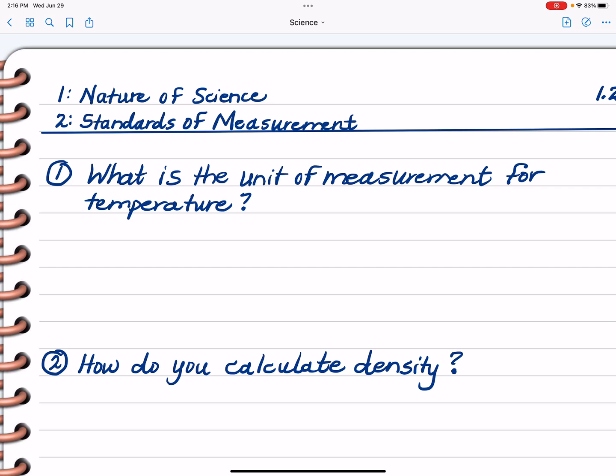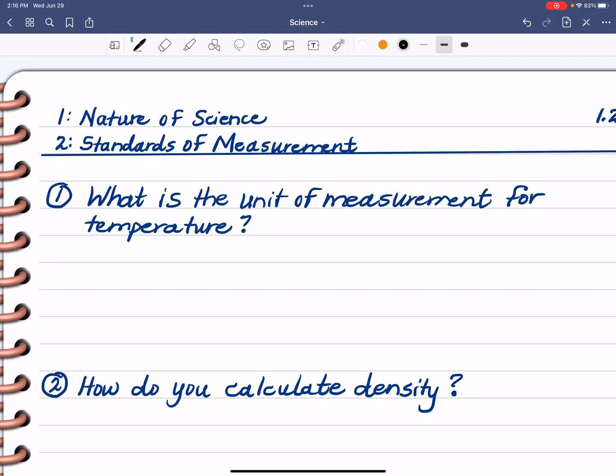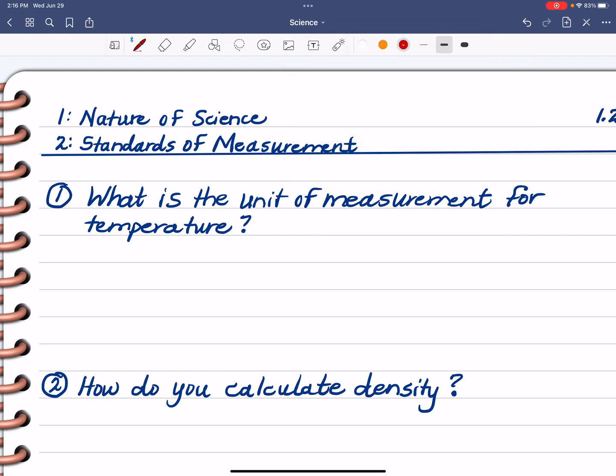What is the unit of measurement for temperature? Now, can you recall those units of measure? And remember, I want to put this in sentence form. I think I wrote these questions in blue. That looks blue instead of black, but that's okay.